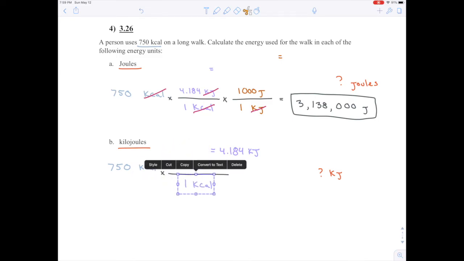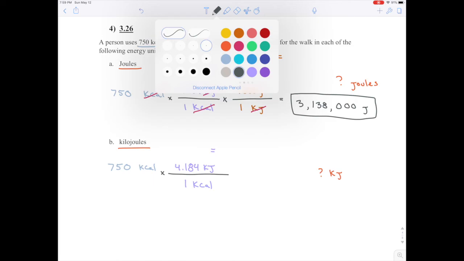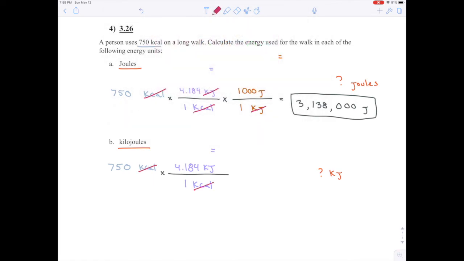We'll take the number that goes with it in the conversion factor, so 1 kilocalorie will go on the bottom. Going over the fraction bar to the top is like going across the equal sign, so on top we'll have 4.184 kilojoules. The kilocalories will cancel because they're on opposite sides of the fraction, and we'll be left with exactly what we wanted, which was kilojoules.